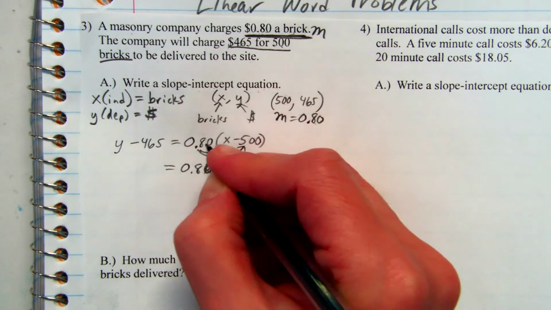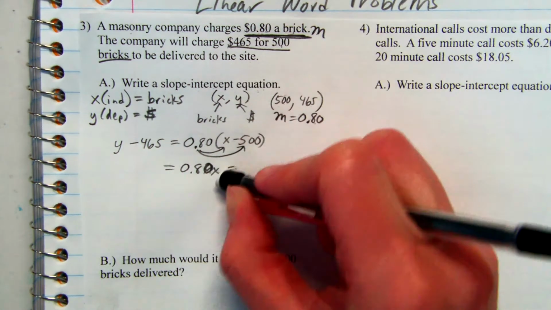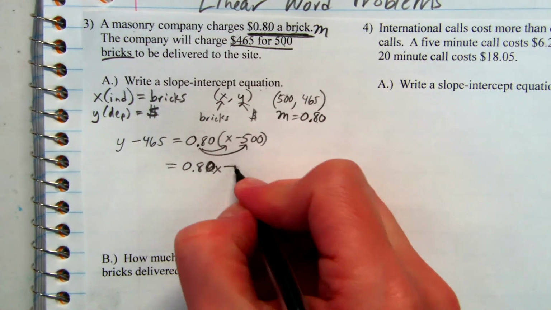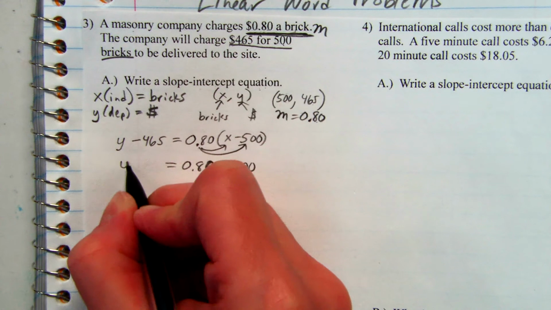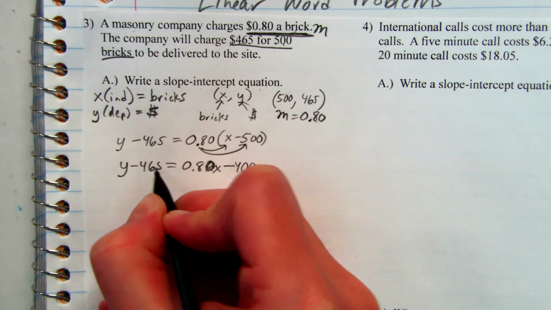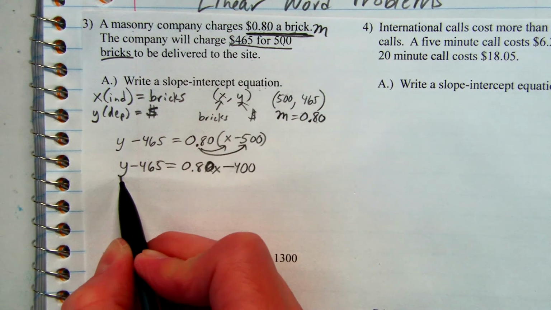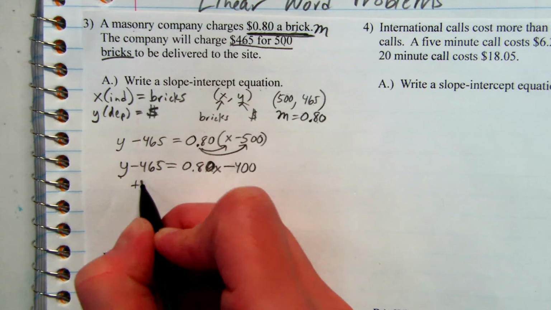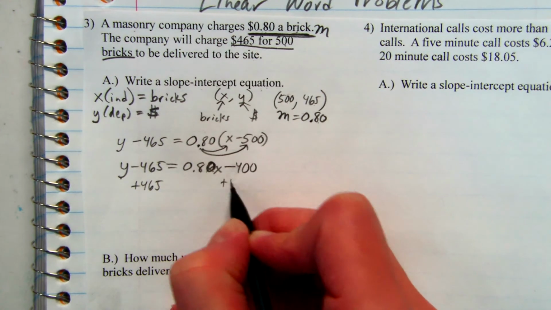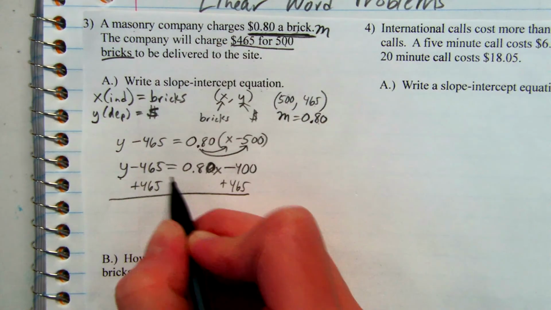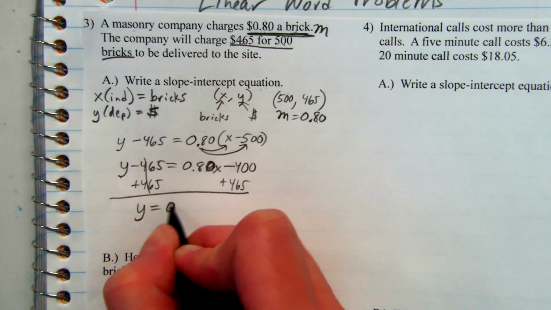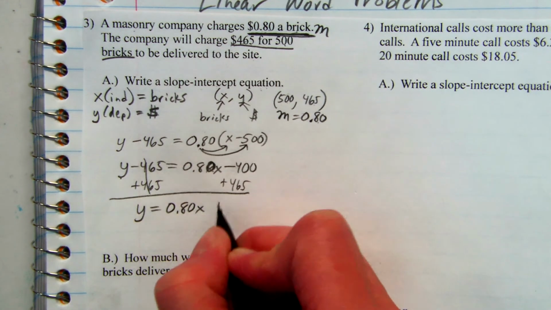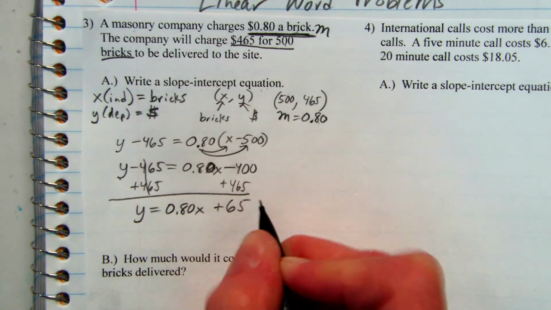And then 0.8 times 500 is 400, so I'm going to have minus 400 over here. And on this side, I still have y minus 465. So I'm trying to get that y all alone. So what do I do? Add 465, add 465. And so that means I'm going to have y equals 0.8x plus 65.